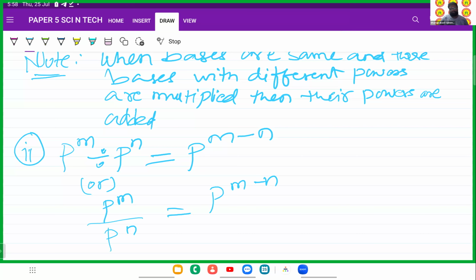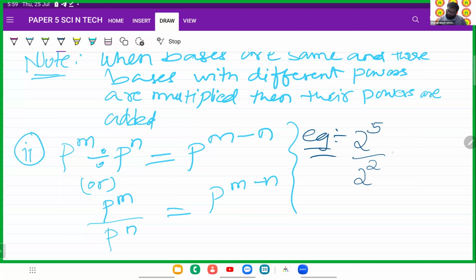P to the power m divided by P to the power n is P to the power m minus n. So the power n should be subtracted. Example: 2 to the power of 5 by 2 to the power of 2. So what is the answer for this? 2 to the power of 5 minus 2, that would be equal to 2 to the power of 3. So 2 to the power of 3 is the answer for this.